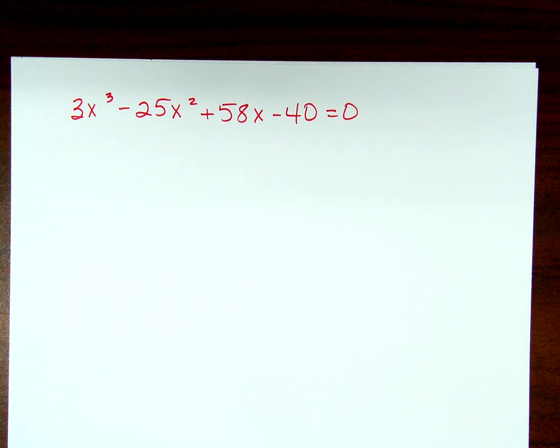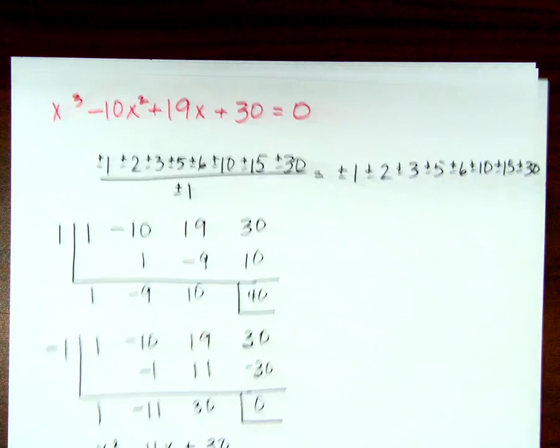Write the problem down and I'll show you the faster way, okay? So before I show you the faster way, I want to go back to this problem real quick.